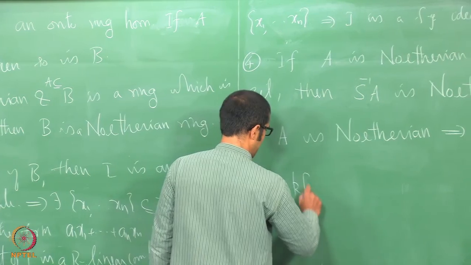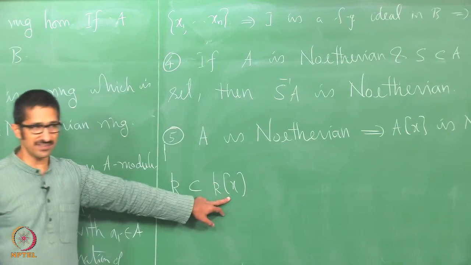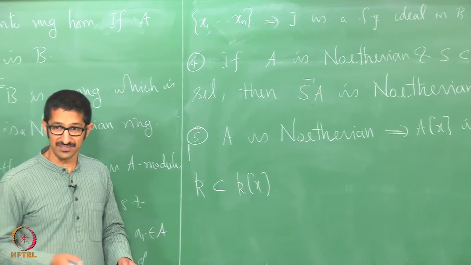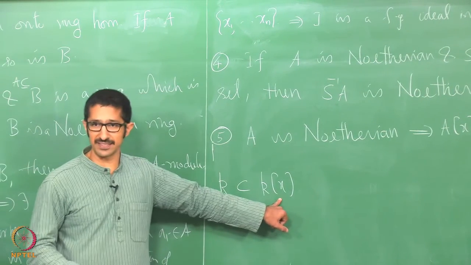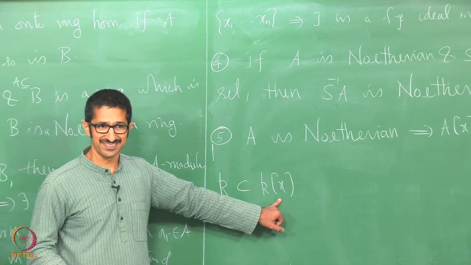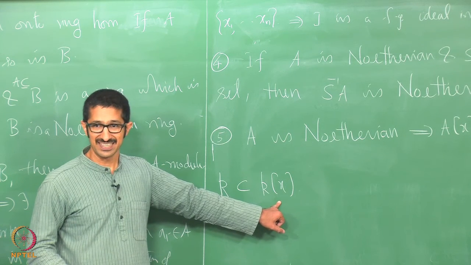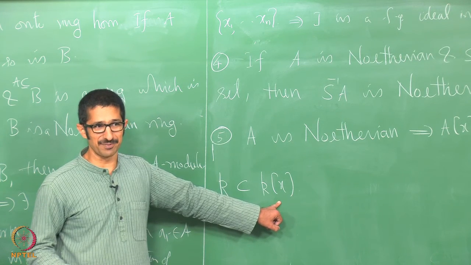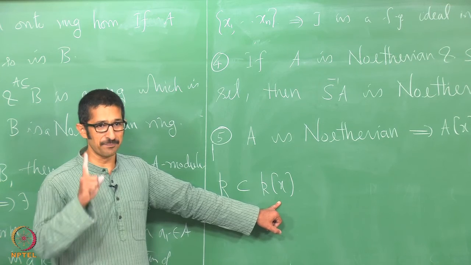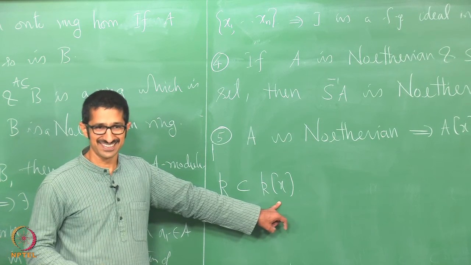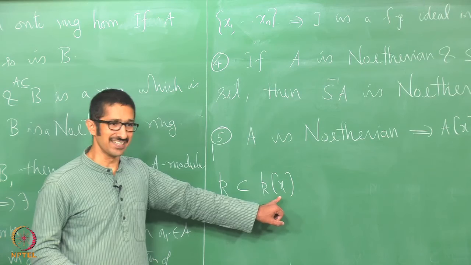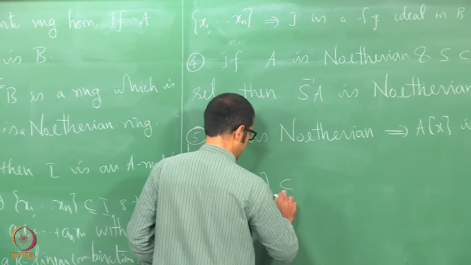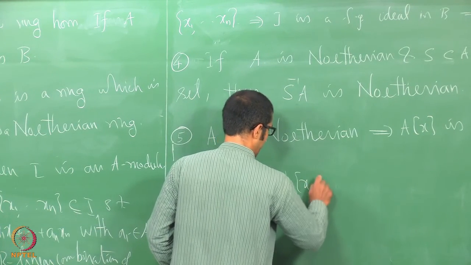What about K[x], is it Noetherian? Noetherian means ascending chain condition, or every ideal should be finitely generated, is that true? K[x] is a PID, right, it is a principal ideal domain. Every ideal is generated by one element. So therefore this is Noetherian. Every PID is Noetherian. What if I put K[x,y]?